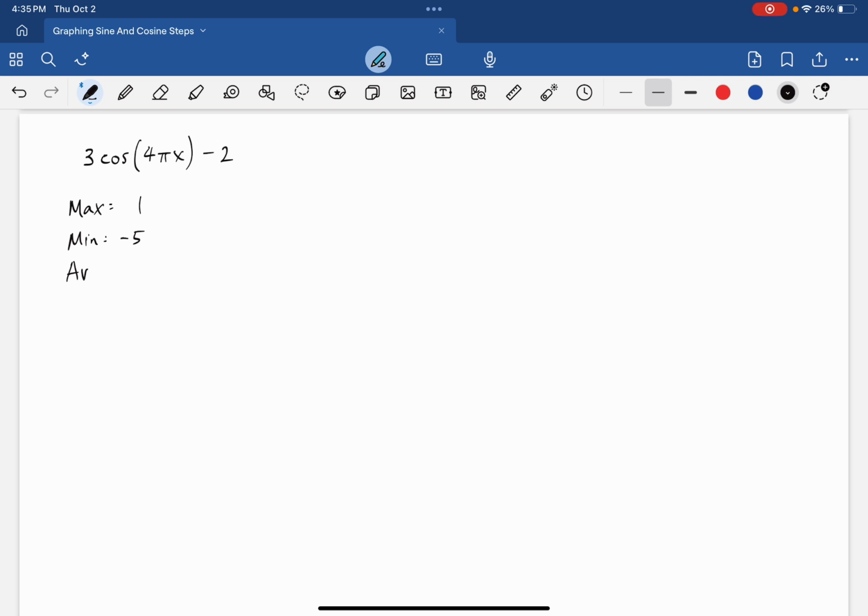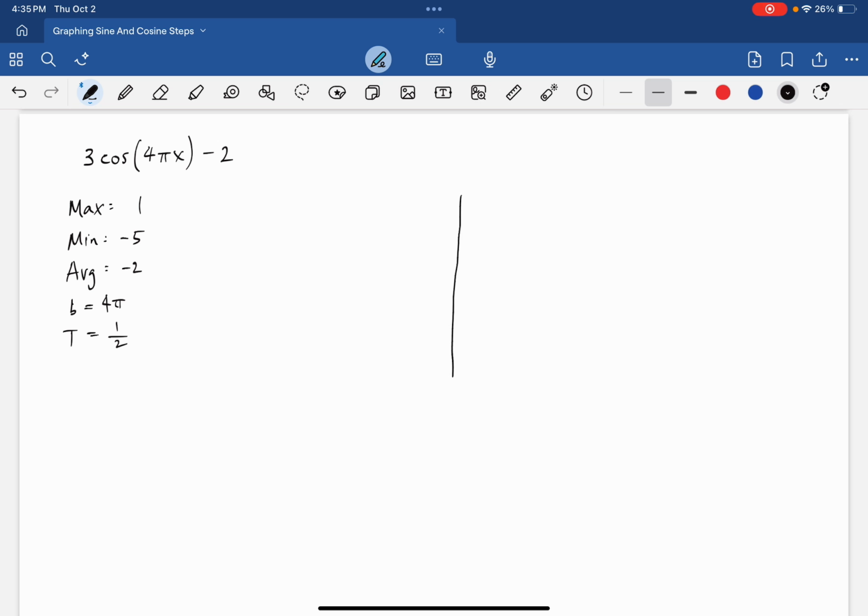And so that means that the average is -2. You could have also just gotten the average from whatever constant we're adding or subtracting at the end. Okay? And then I'm going to find the period. So b is the coefficient, which is 4 pi. So the period is going to be 2 pi over 4 pi, which is 1/2. Okay, so with these 4 numbers, I'm now ready to draw my graph.